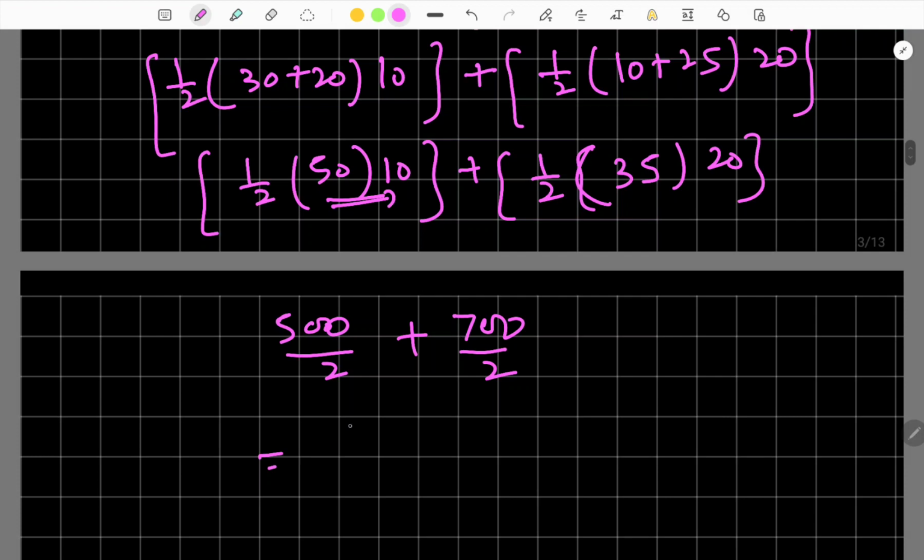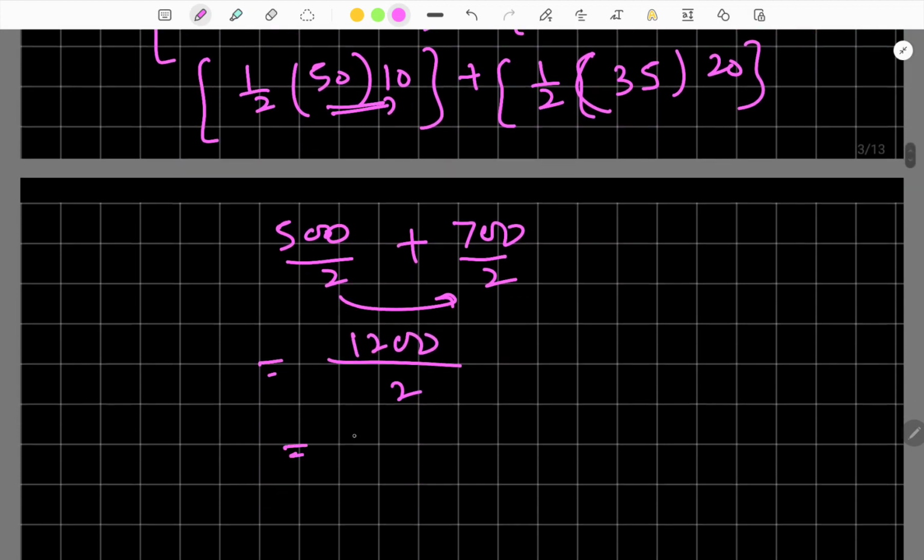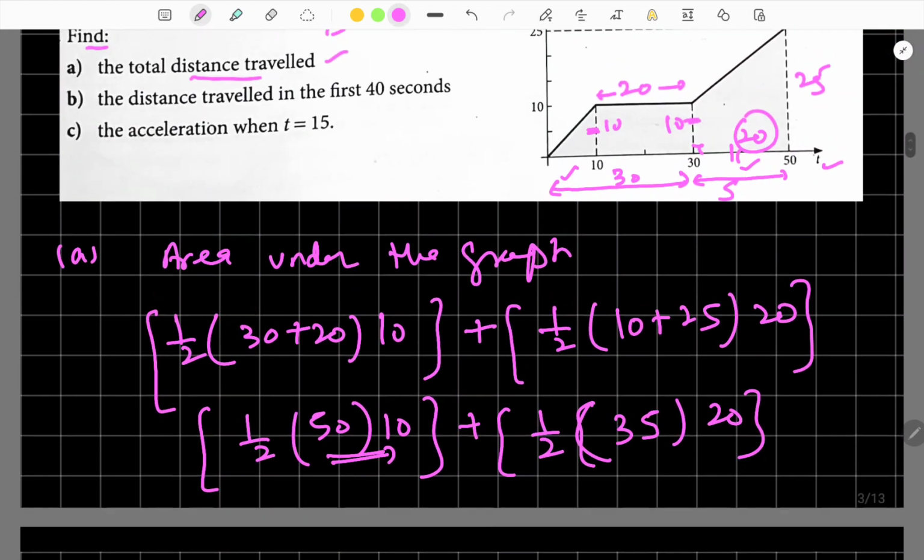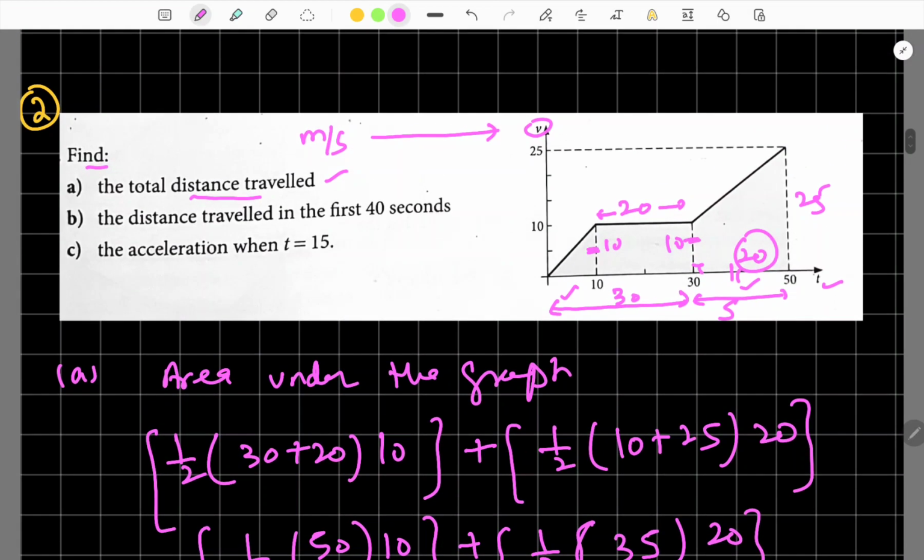So basically the denominator will be 2, the LCM will be 2. So this will be 1200 over 2, right beta? Which is 600 meters, right? So beta, the distance traveled is 600 meters, right? Because the standard units were meters per second. So distance will be in meters. इसमें कोई doubt beta? Clarity?